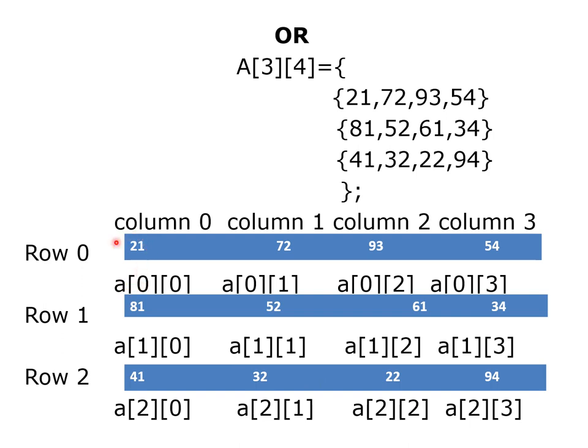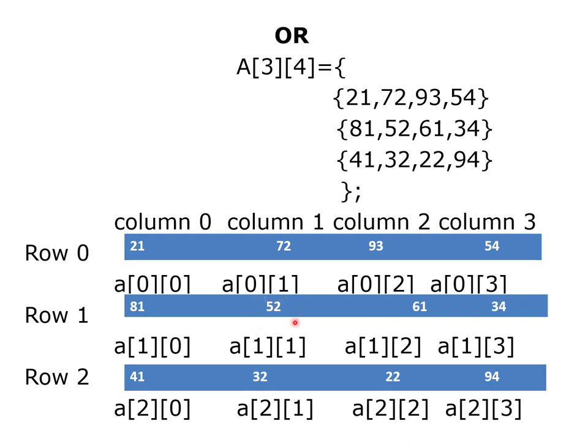See the element 21. Its declaration is a[0][0], because the element 21 is present in column 0 and row 0. That's why we write a with row 0 and column 0.